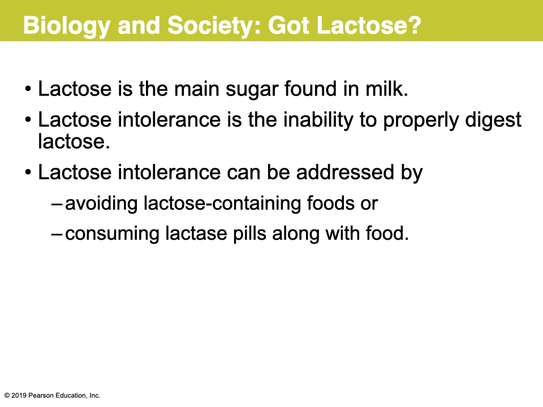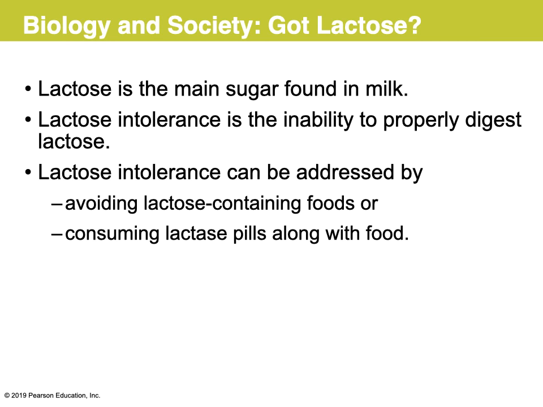Now, lactose. Lactose is the main sugar found in milk. Lactose intolerance is the inability to properly digest lactose. Lactose intolerance can be addressed by either avoiding foods that contain lactose or consuming lactase pills along with food. So something you'll see in a pattern here.